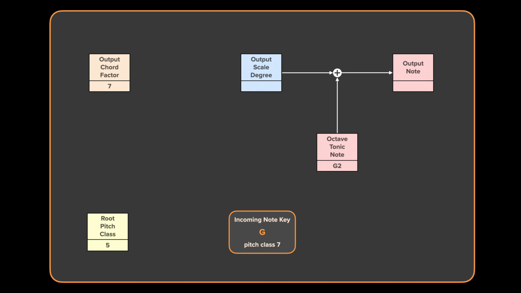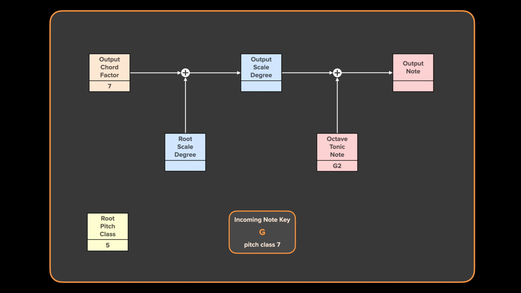So far, all we know about the output note is its chord factor, that is, how far the note will be above the root of the chord. If we knew how far the root of the chord was above the tonic, that is, if we knew the scale degree of the root note, we could add that to the chord factor of the output note to find the scale degree of the output note. So now we need the root scale degree.